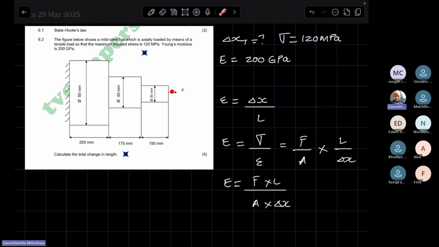So because the force is being applied at this part, we are going to calculate the force using the first area. Because essentially that is the only force being applied here.